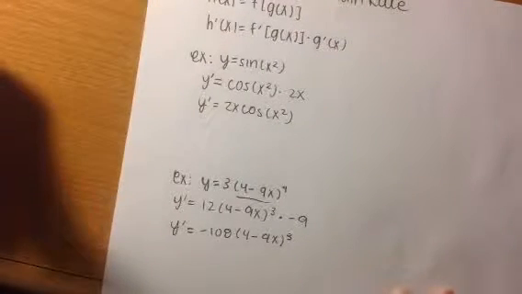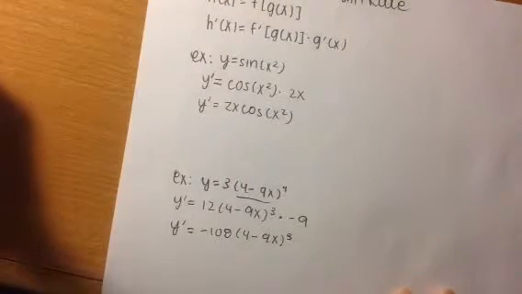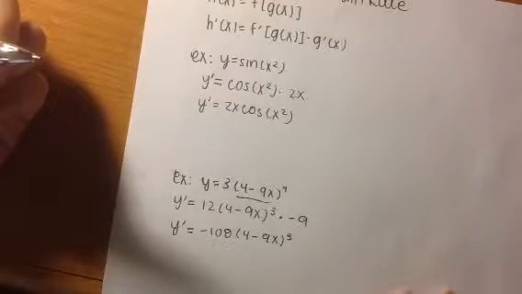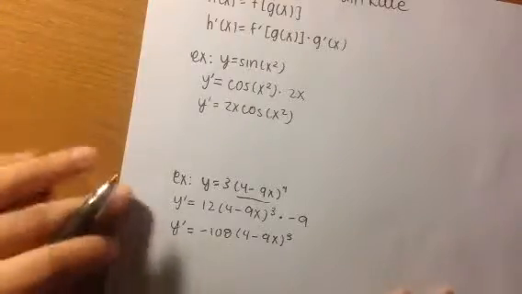So negative 9 times 12 is negative 108 times 4 minus 9x cubed.